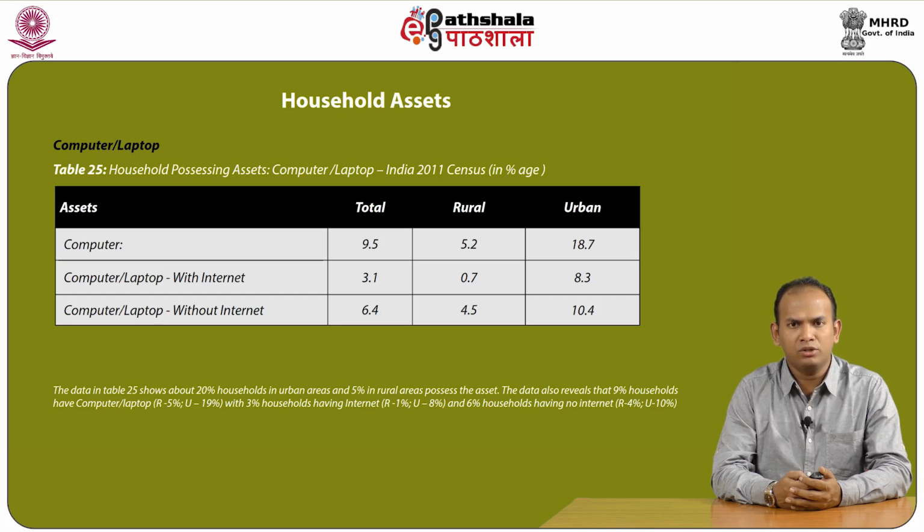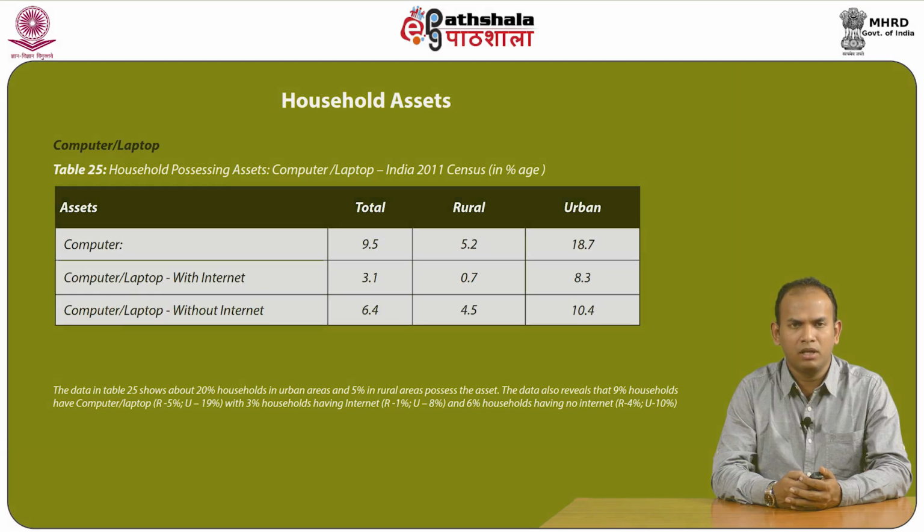The data also reveals that 9% households have computers or laptops. In case of rural, it's 5%, while in case of urban, it's 19%, with 3% households having internet. In case of rural, 1%, in case of urban, 8%, and 6% households having no internet, in case of rural 4% and in case of urban 10%.